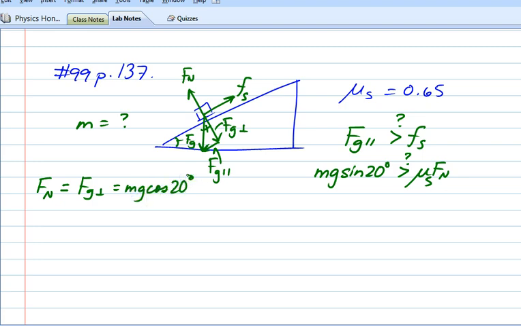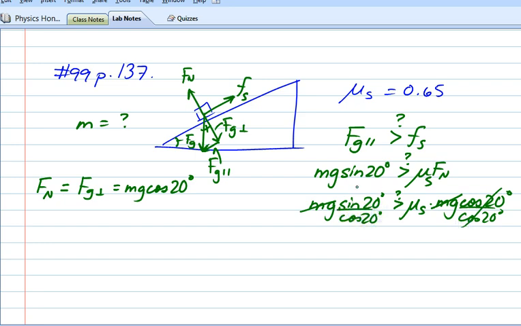So we have a pretty interesting expression. We want to know whether mg sine of 20 degrees is greater than mu times mg cosine of 20 degrees. So check this out. mg cancels on each side, and bring the cosine of 20 to the other side, divide by cosine of 20.